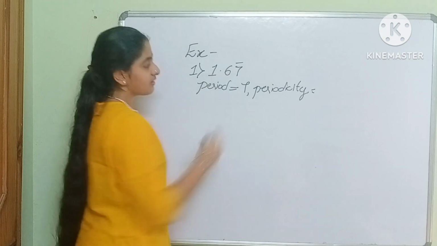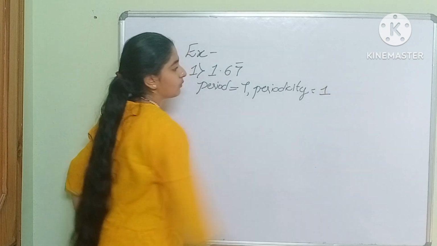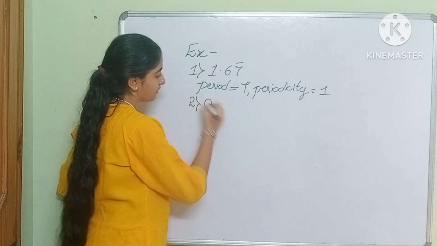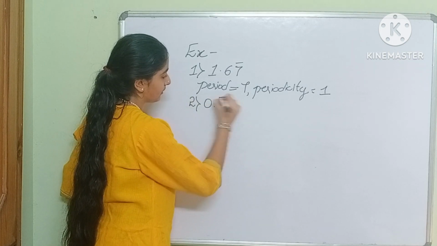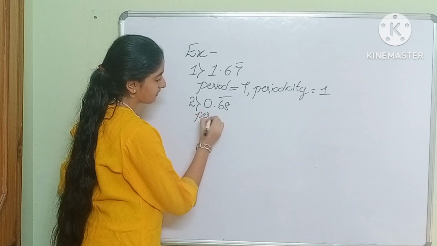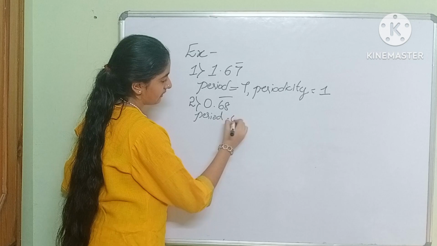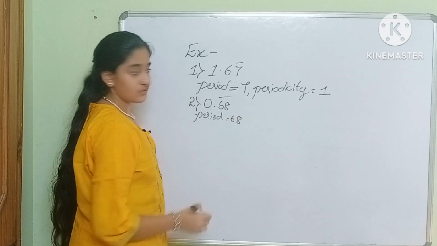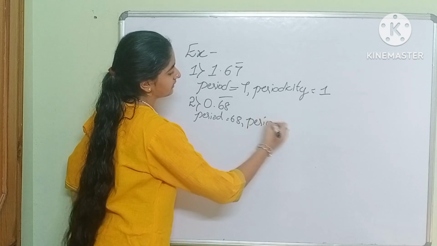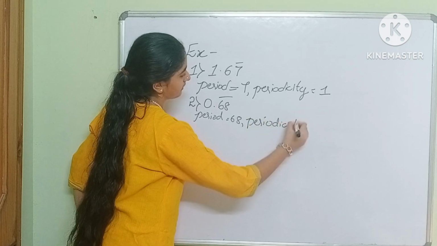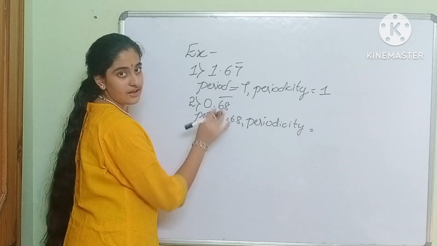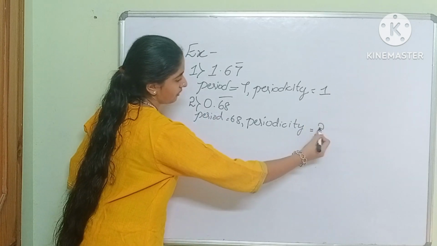Second example, 0.68 bar. The period is 68 and the periodicity is 2, as 2 digits are there in the recurring part.